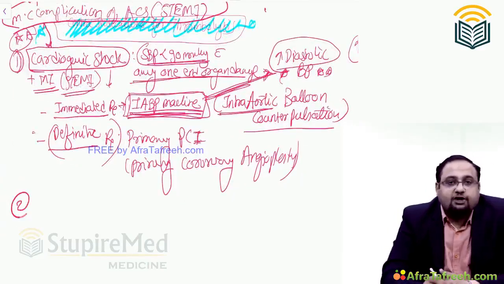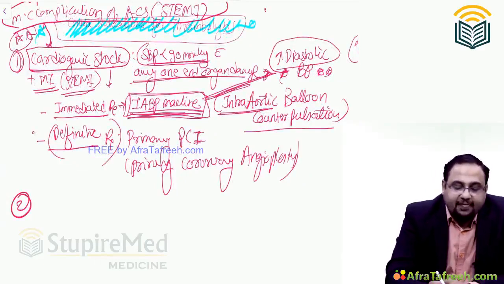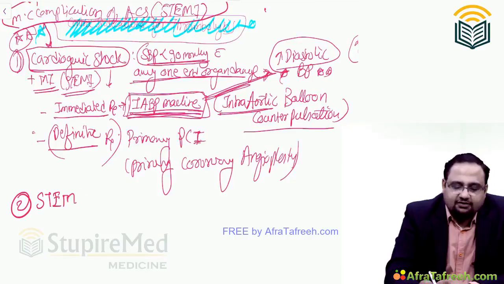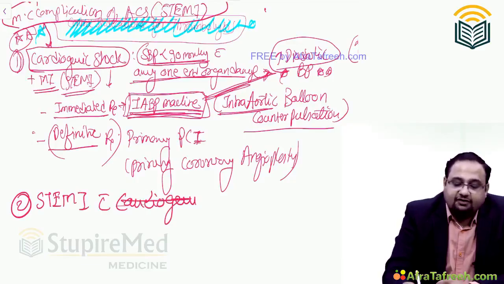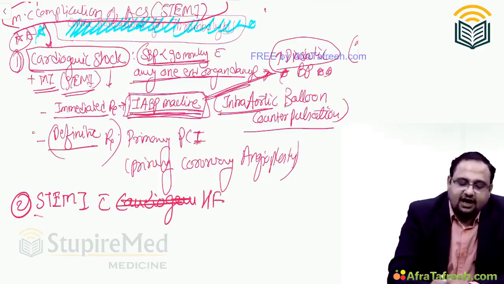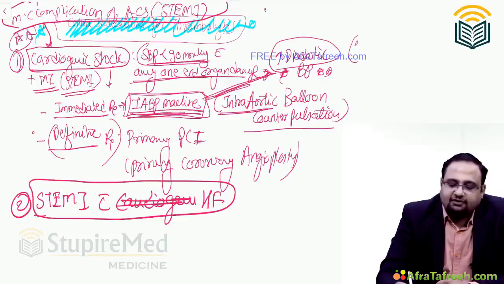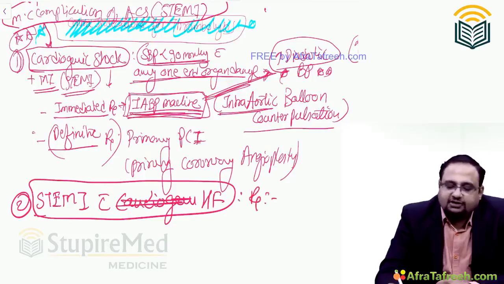The second important contraindication for thrombolysis is ST segment elevation myocardial infarction with heart failure. Again here the treatment of choice, of course, no doubt about that.